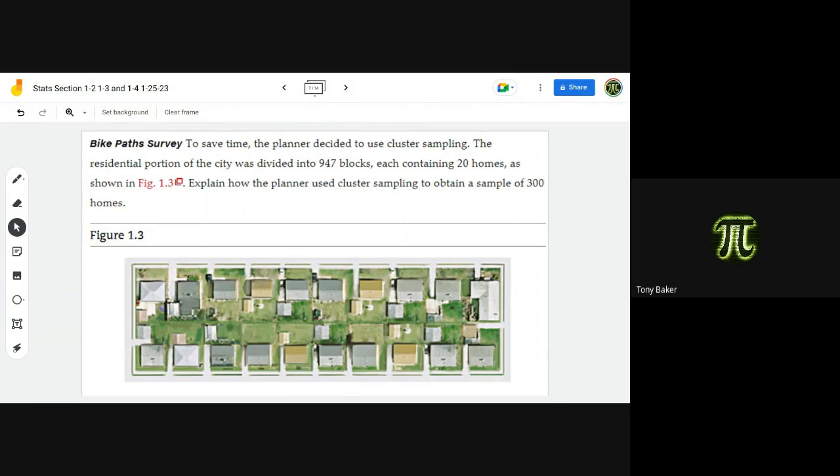So how could we fix this? How can we fix this and help make it a little bit more representative? Have subcategories, for example, lower income, medium income, higher income, and then run the sample for each group.